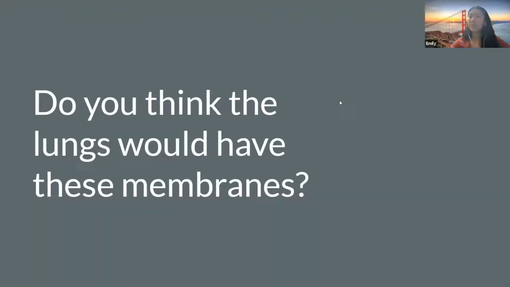So a follow-up question to that is, do you think the lungs would have these membranes? Based on what you know about the lungs, what do your lungs do? Are they constantly moving? If you think yes, you can put up a thumbs up or do a reaction on Zoom if you know how to do that.